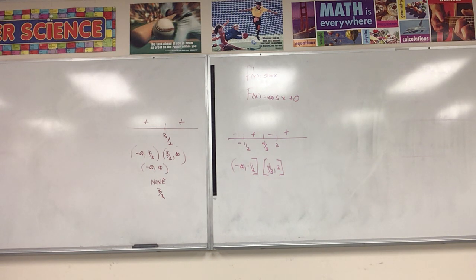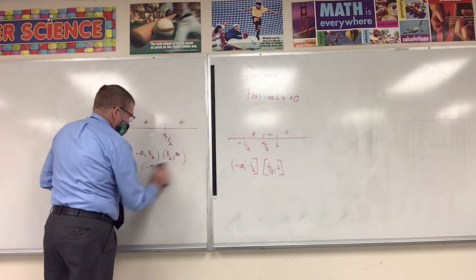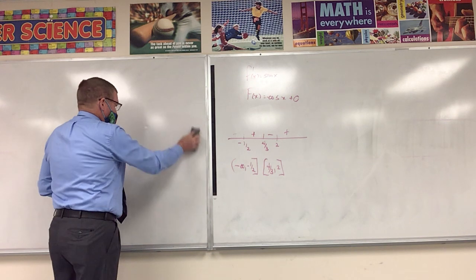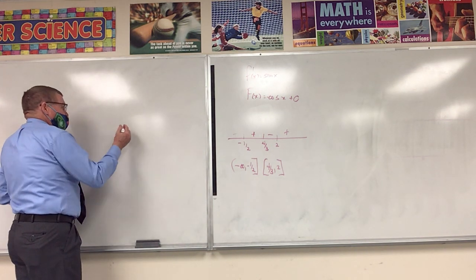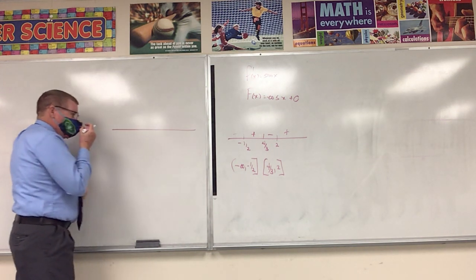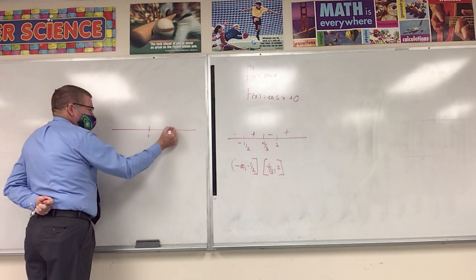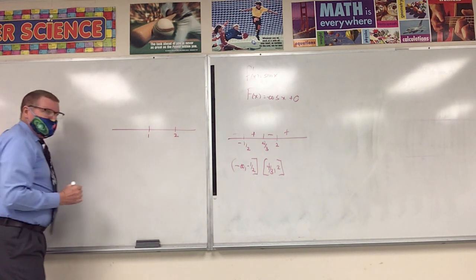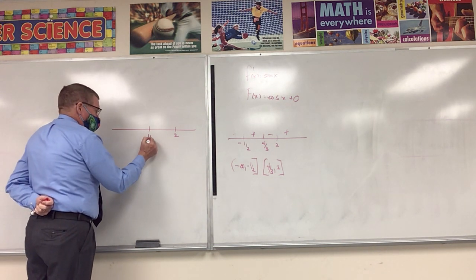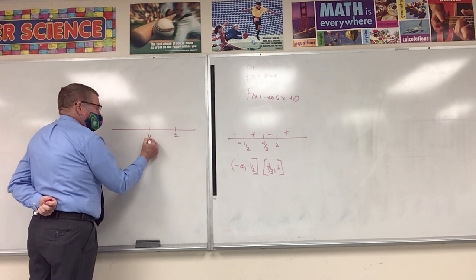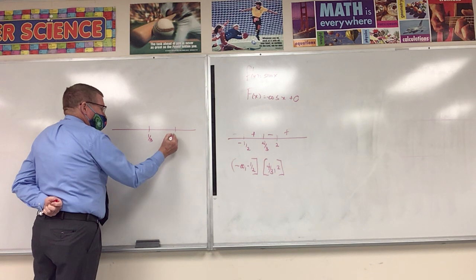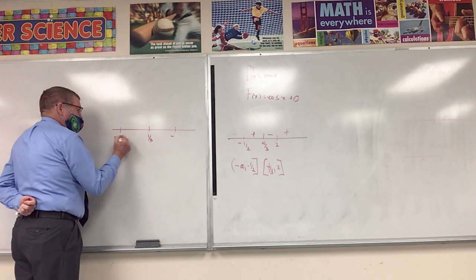All right, what's the next one? 32? Where are my zeros? 1/3. -3 and 5?